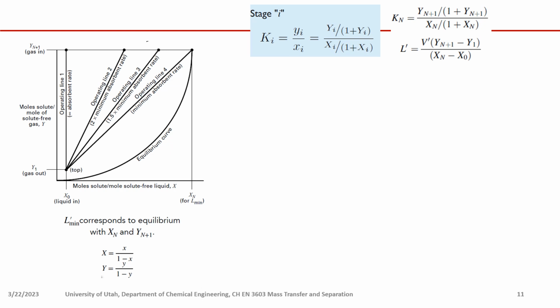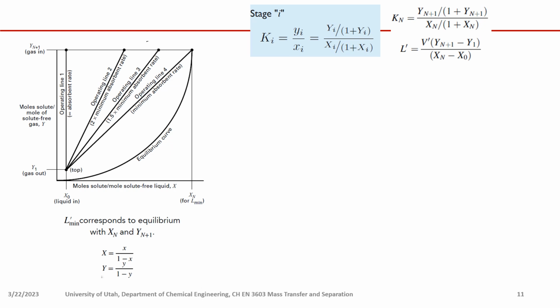Okay. To do that, first from the operation line we can derive L prime to be dependent on the composition of the feed and the exit streams, as well as the vapor flow rate. For our operation, we know the composition of the incoming gas, this is the composition of the gas feed, and this is the composition of the liquid feed, and this is the desired separation outcome, right?